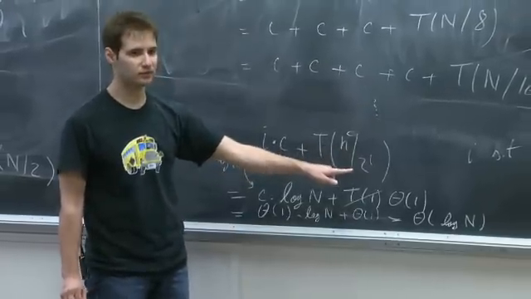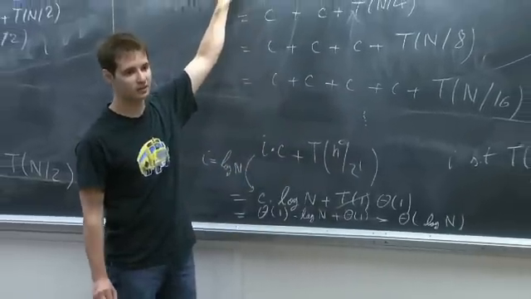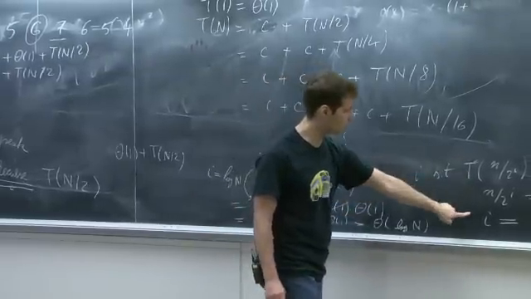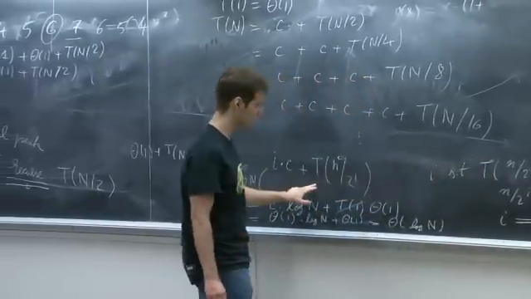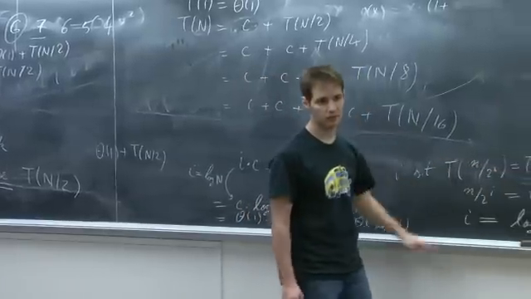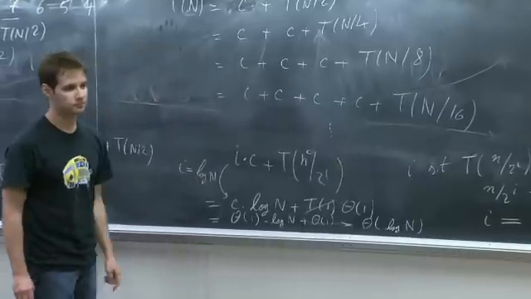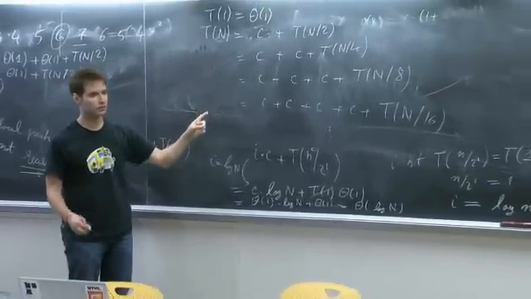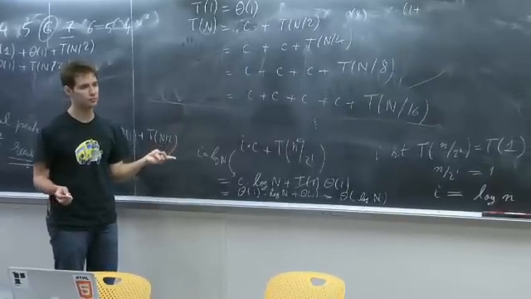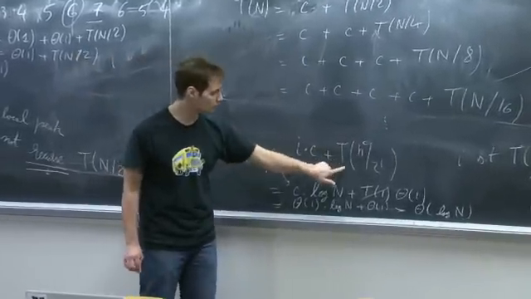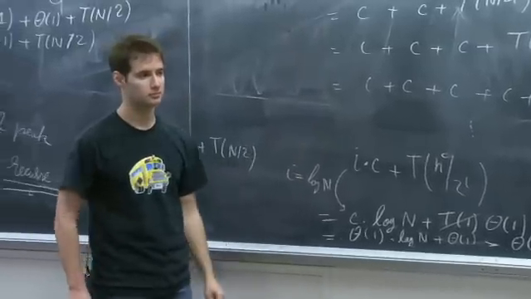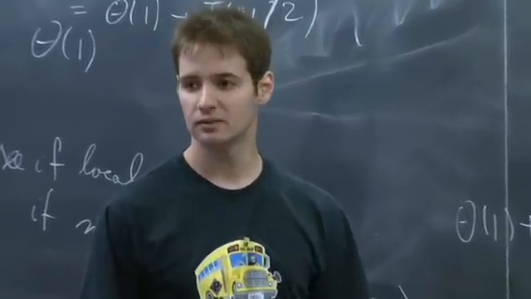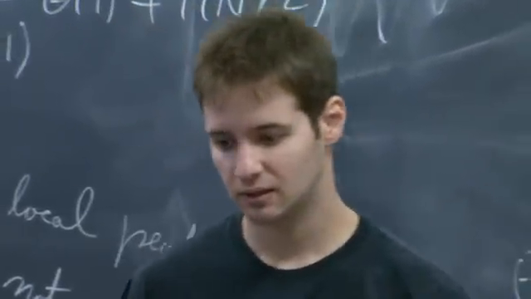So I have T of 1, which I have here. When I was solving for i here, I set this to my base case so that I can get this to happen. The idea here is that you're expanding the recursion forever, and you know that at some point you're going to have to stop. When do you stop? You stop at the base case. So you force this to become the base case. Okay?